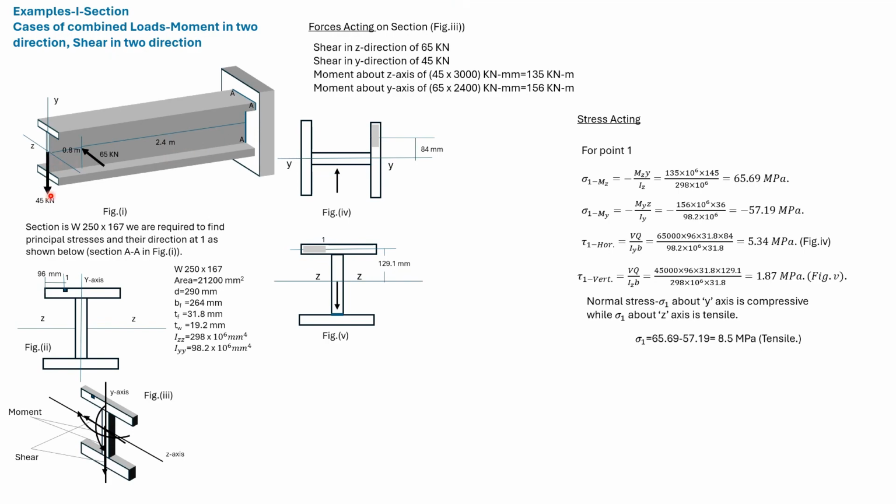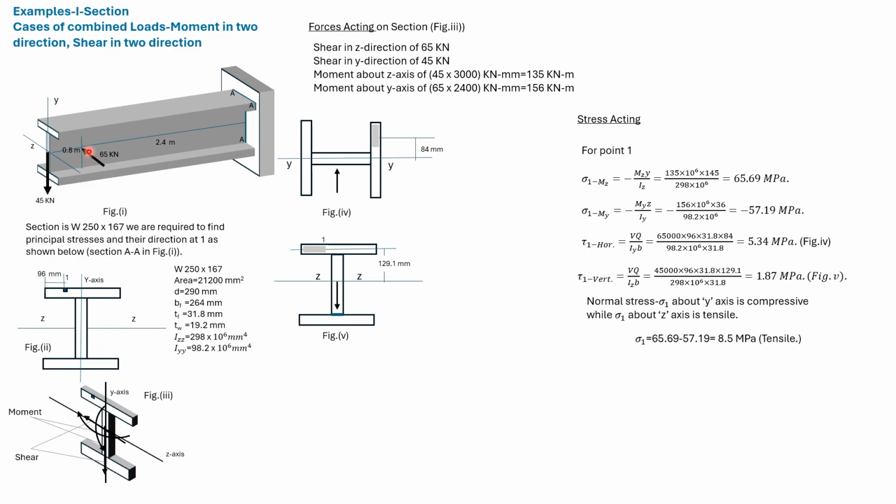This force in the vertical direction will cause shear and it will also cause a moment. So this is the shear and this is the moment which will be about the z-axis. The section here is shown in this figure, and due to the vertical load, this is the shear and this is the moment about the z-axis.